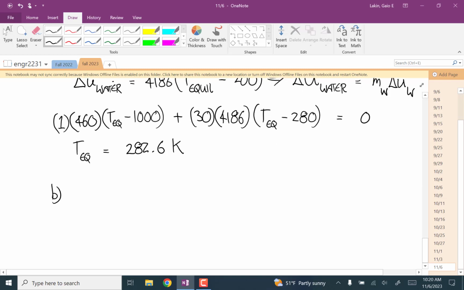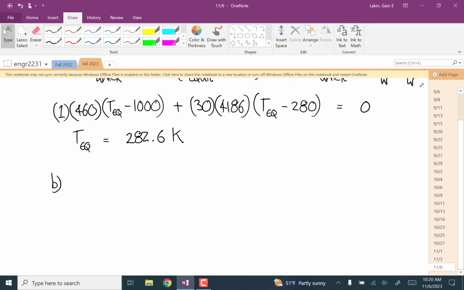And then for step 2, we have to show that this is the final temperature, not the starting temperature. So we're going to do that. Since this is insulated, we can show that for this process, the total entropy of these materials is greater than 0 in the direction we're trying to show, and that it's less than 0 in the opposite direction.